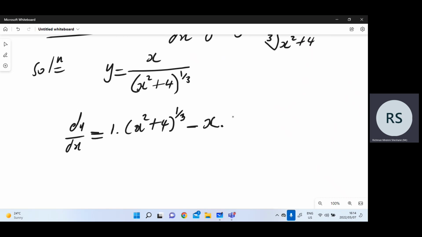So that formula says we take n down. Our n is 1 over 3. From that n, we minus 1.